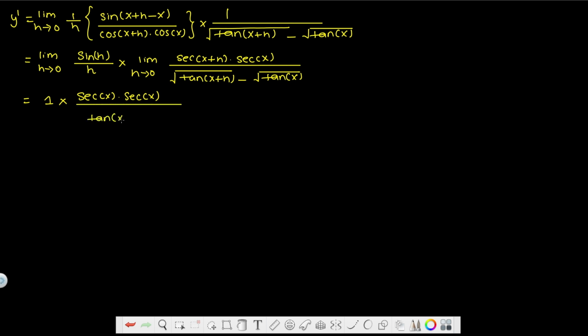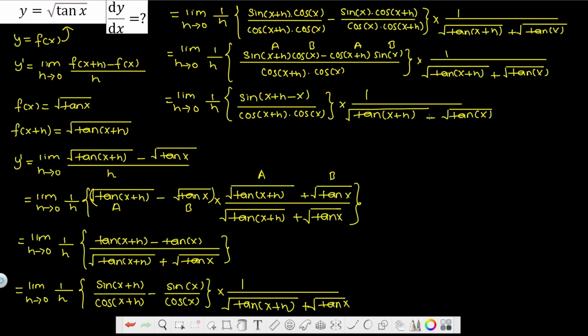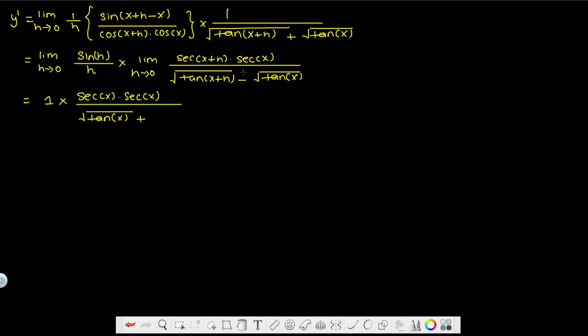the square root of tan x plus, I think here must be plus, yes, it is plus here, plus the square root of tan x, equals sec x times sec x will be sec square x, and square root of tan x plus square root of tan x will be 2 times the square root of tan x.